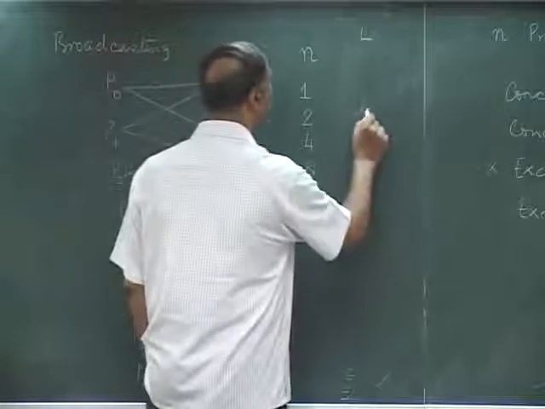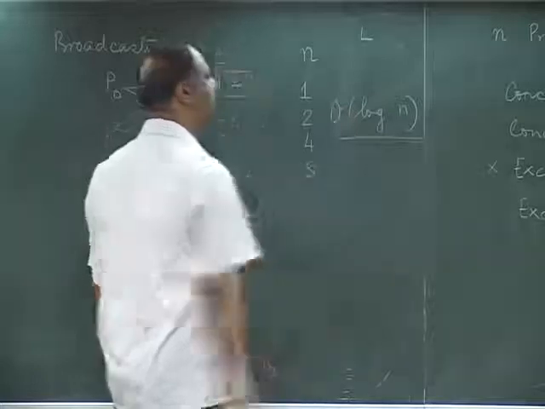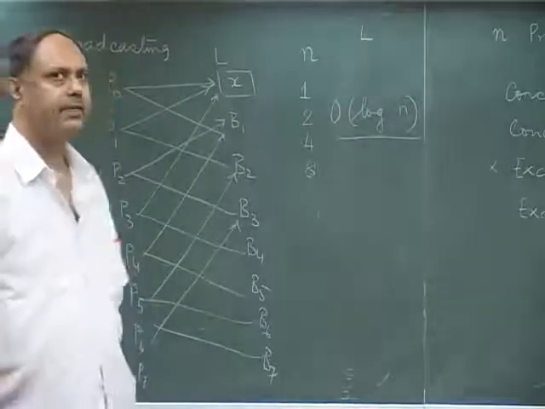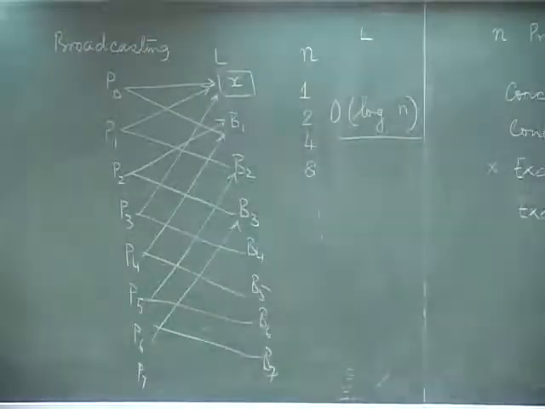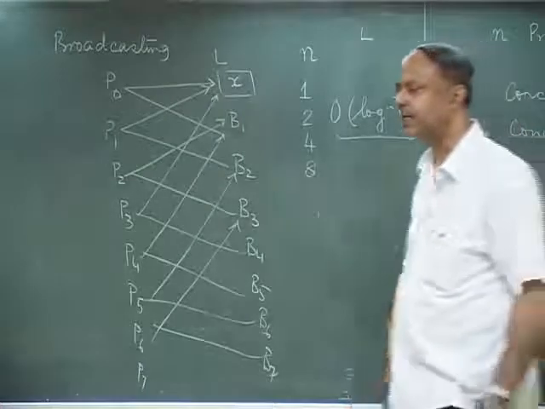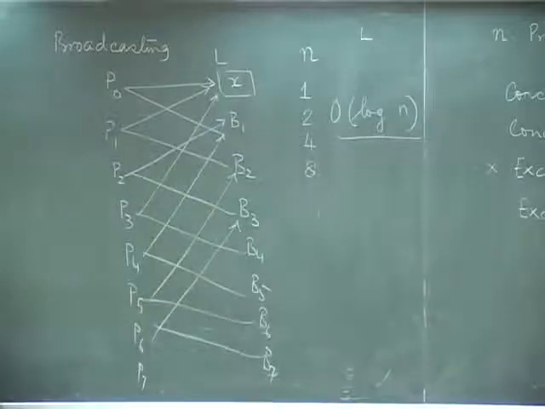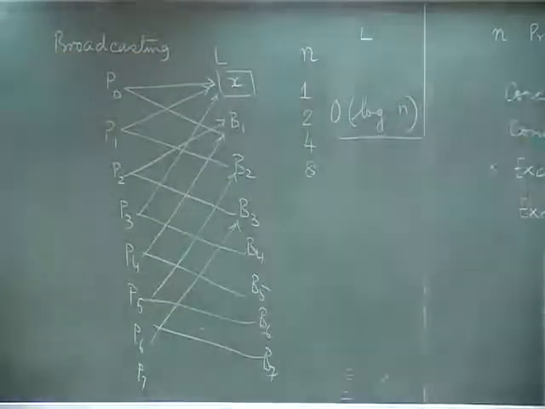So after order log n iterations, all the N processors will be able to read the location L. So even if you do not have the opportunity to design the model of concurrency, through broadcast we can handle the situation. Agreed? Now what about how to handle this concurrent write part?